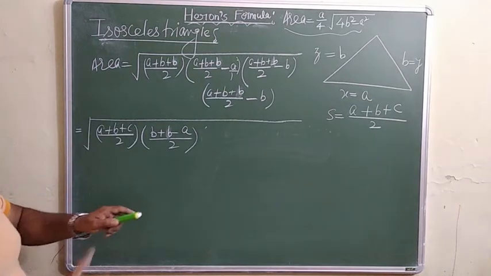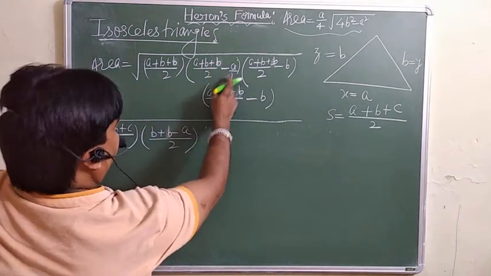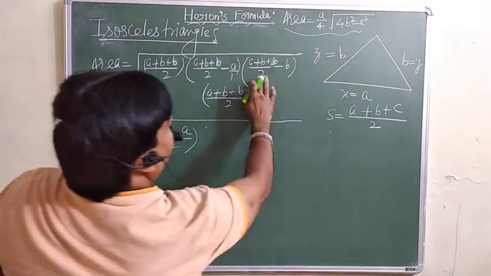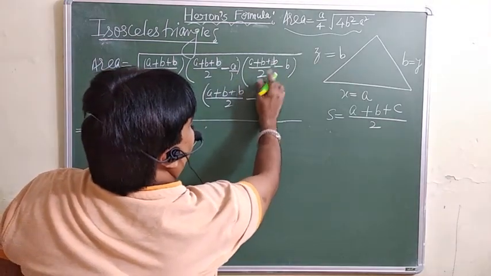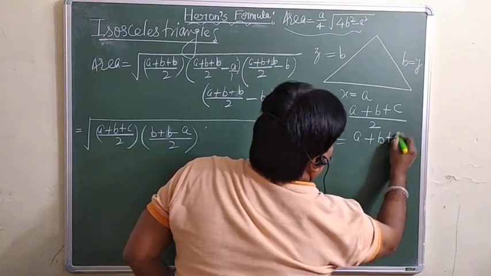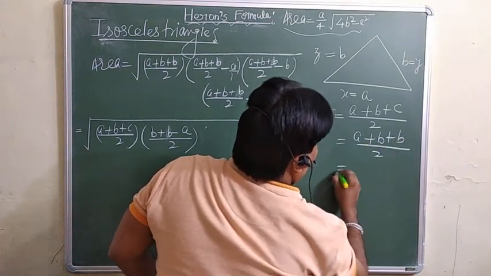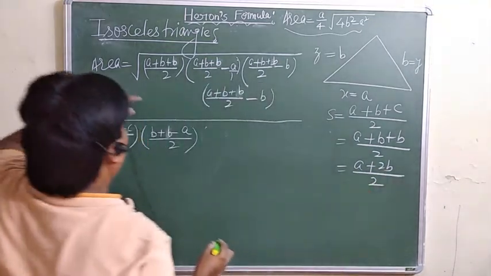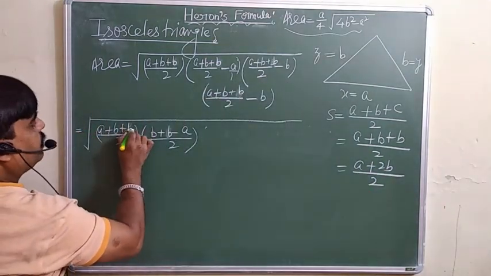So here you will get 2B minus this one. Here it is A plus B over 2, that is, A plus B over 2, or you can write A plus 2B over 2. So this also has B here.